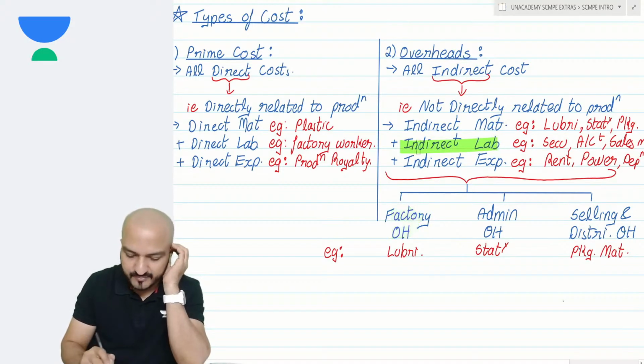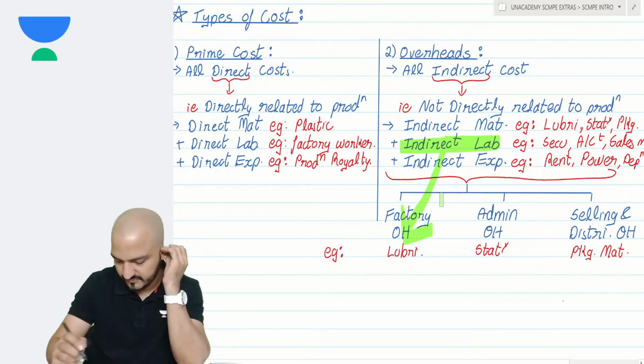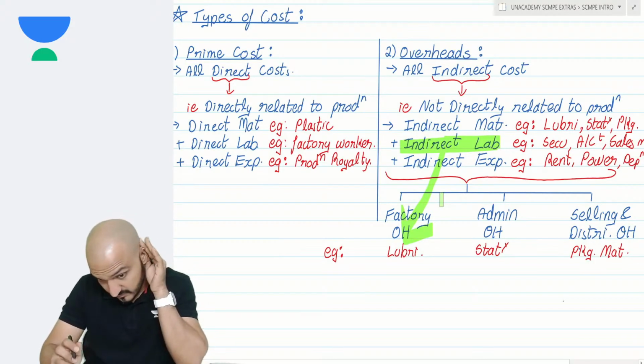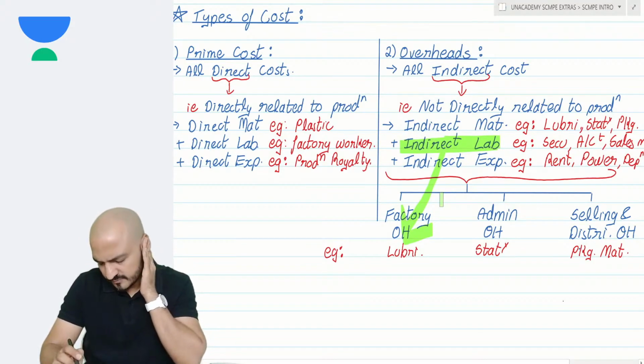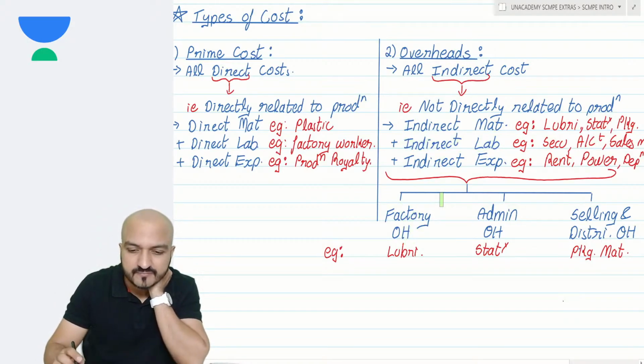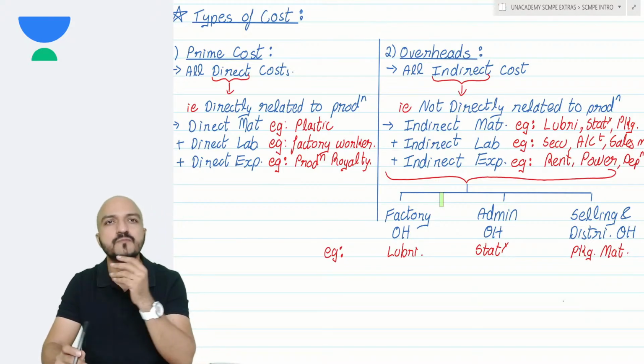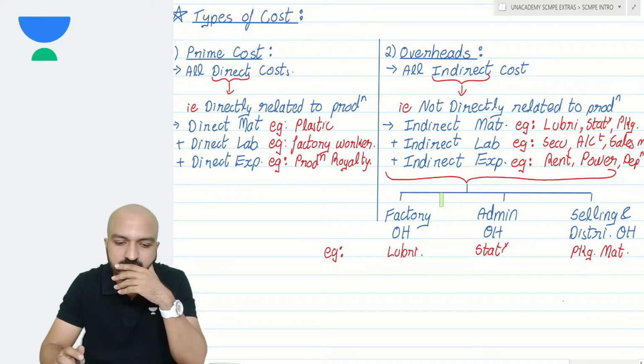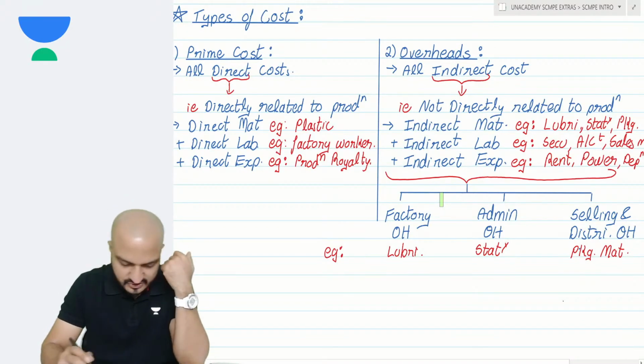Okay? Then indirect labor. Can you give me an example of indirect labor incurred in the factory? Exactly, good.